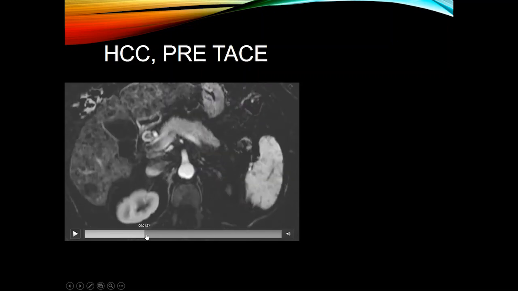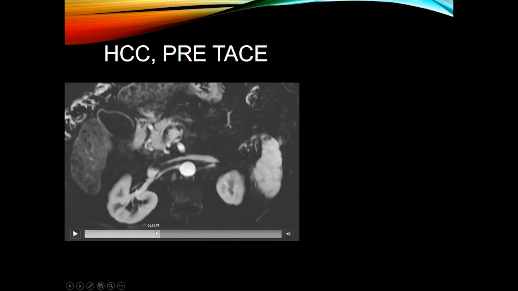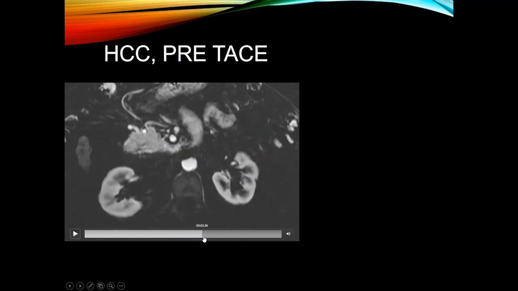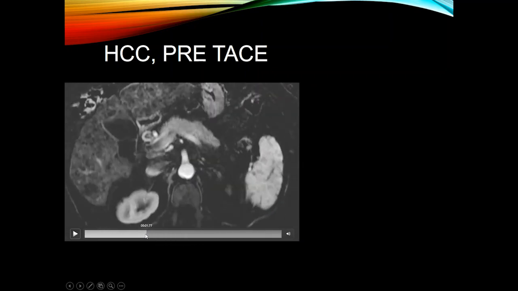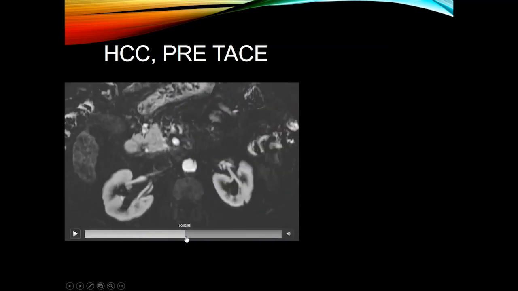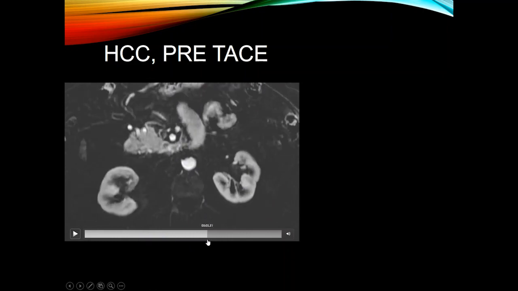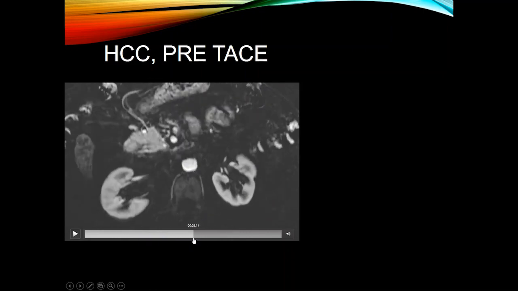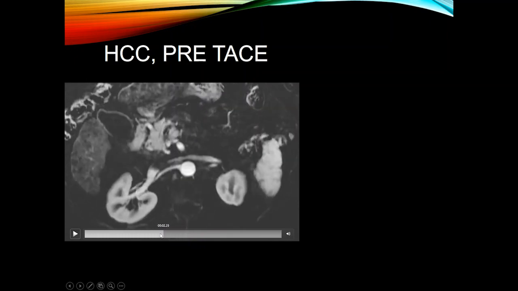In this case, you'll also notice a lot of pancreaticoduodenal collaterals. What's happening in this case is that there is occlusive disease at the origin of the celiac, and the SMA is actually supplying the branches of the celiac artery via the pancreaticoduodenal collaterals, or arcade.